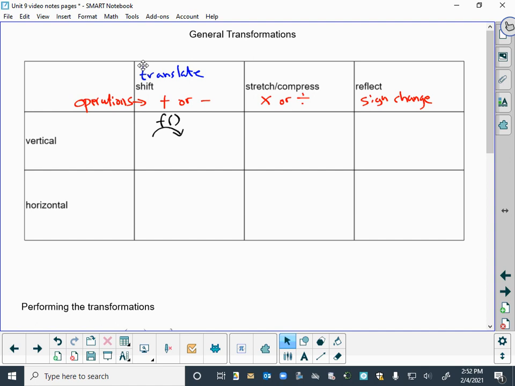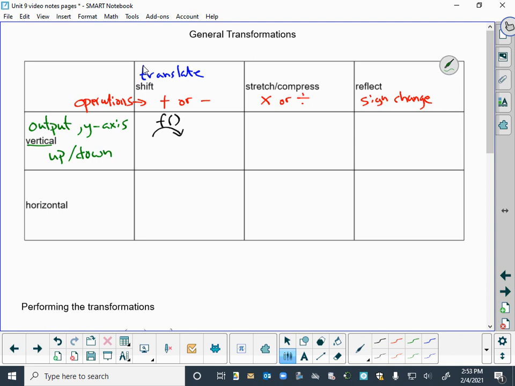We are making here a vertical shift, and it's important to note some things. The vertical we associate with the output, right? The y-axis is the vertical axis. So up and down are words that we associate with this as well. The output axis is the vertical axis.